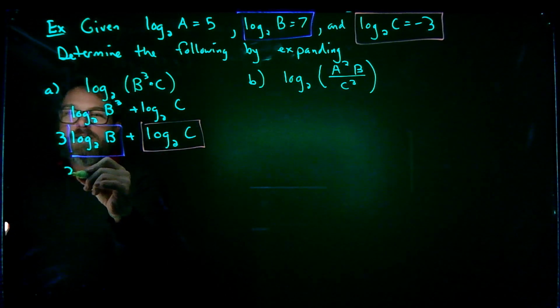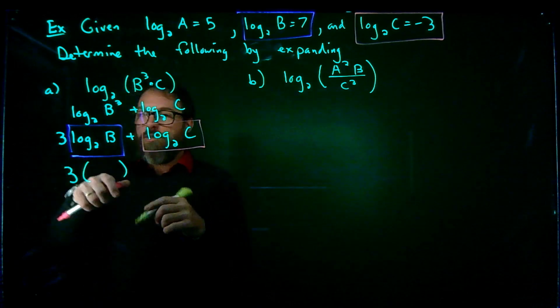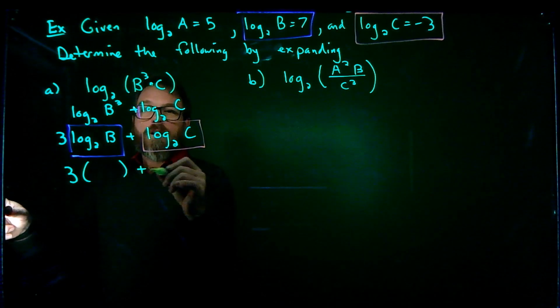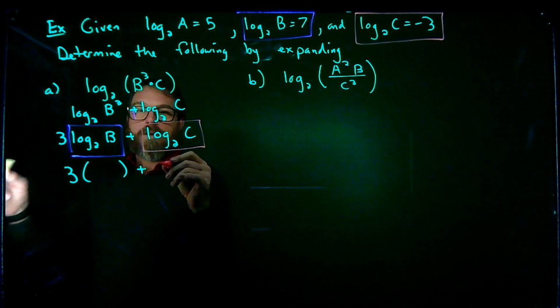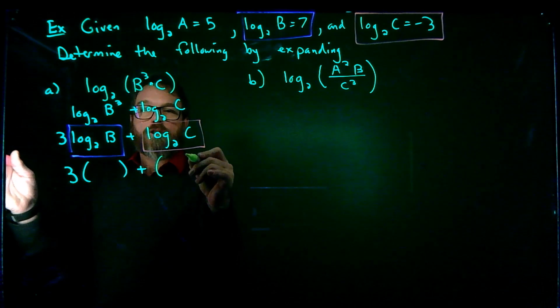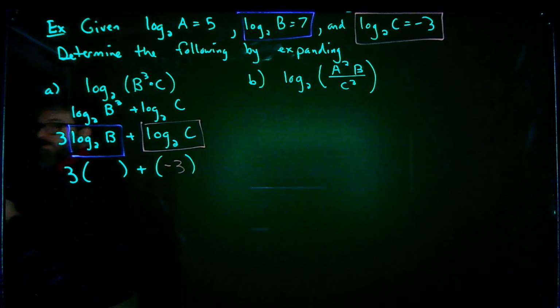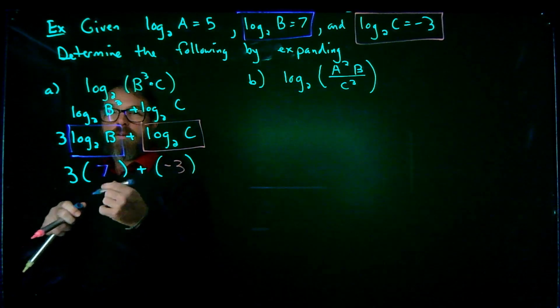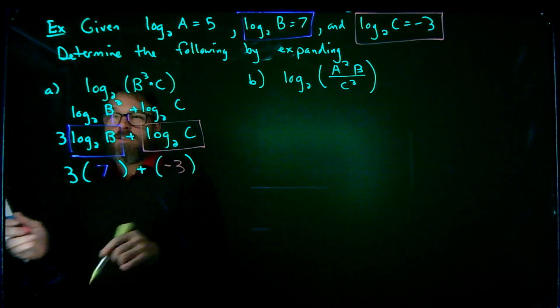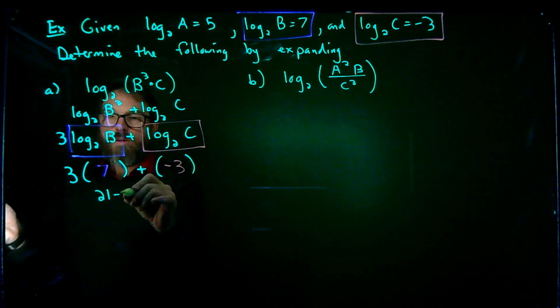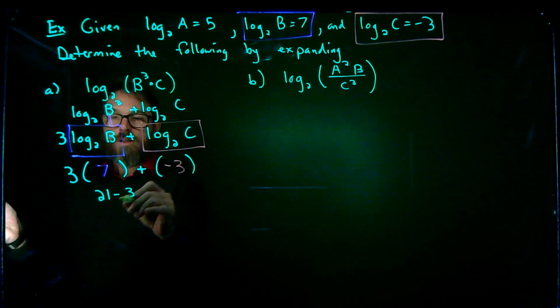This is going to be equal to 3 times the log base 2 of b, which is 7, plus the log base 2 of c, which is -3. So this is going to be equal to 21 minus 3, which is going to be equal to 18.